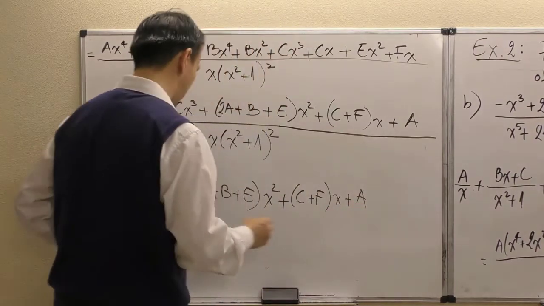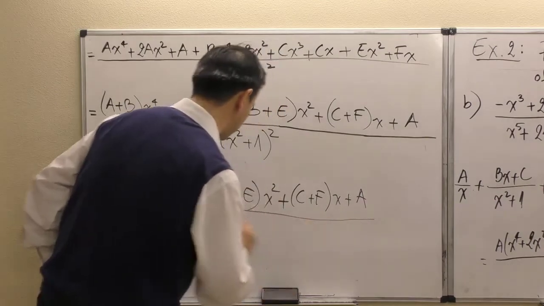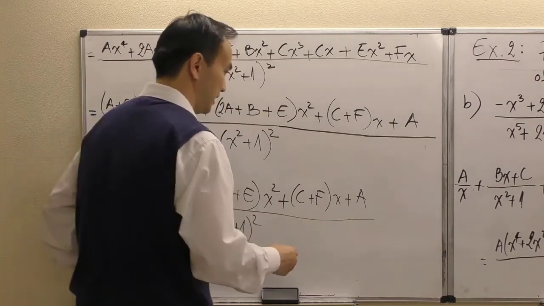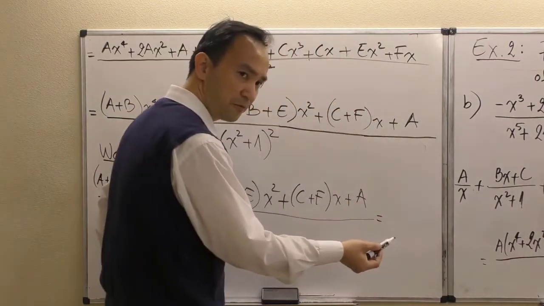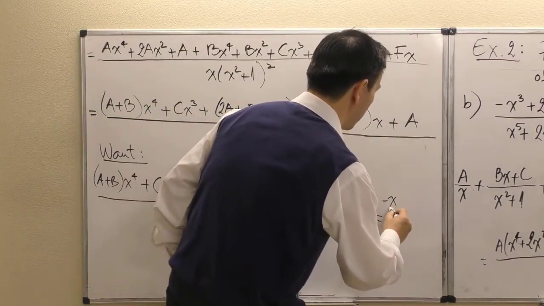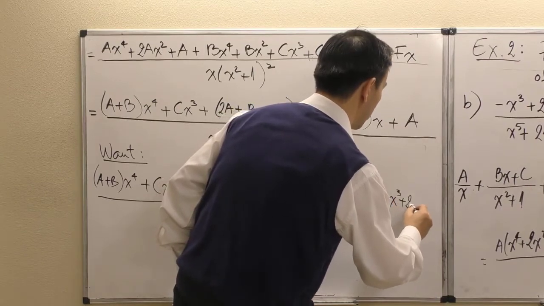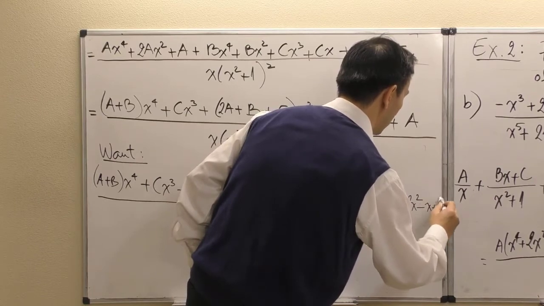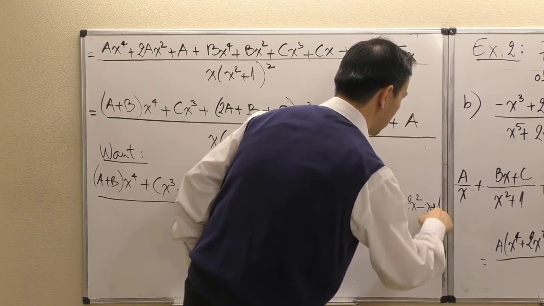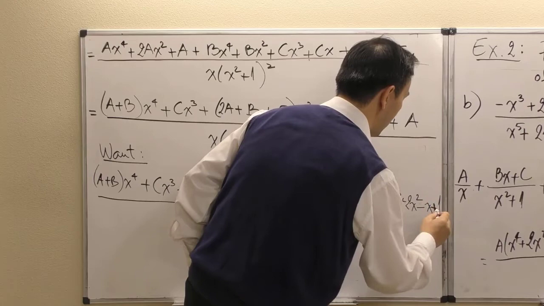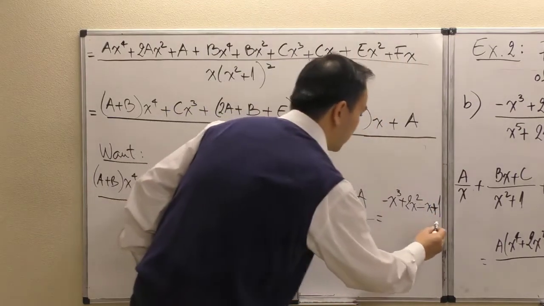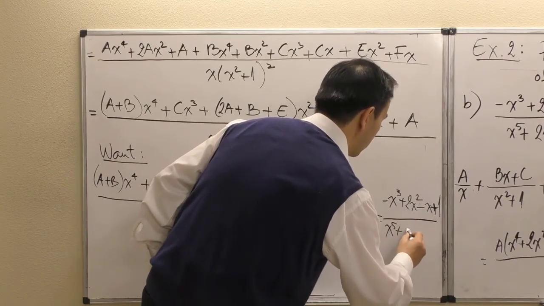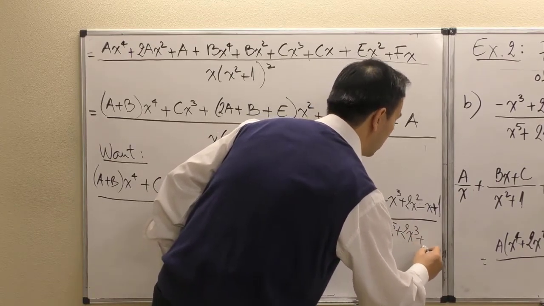Okay, I want all of this over x times x squared plus 1 squared. I need all of that to equal the beginning fraction, which was minus x cubed plus 2x squared minus x plus 1. All of that is over the denominator x to the fifth plus 2x cubed plus x.